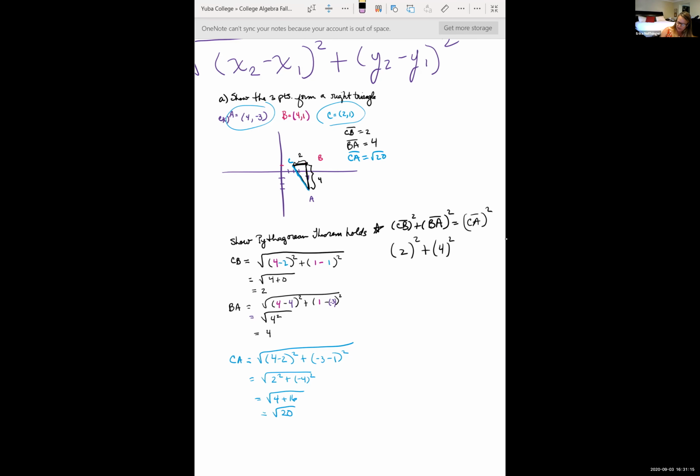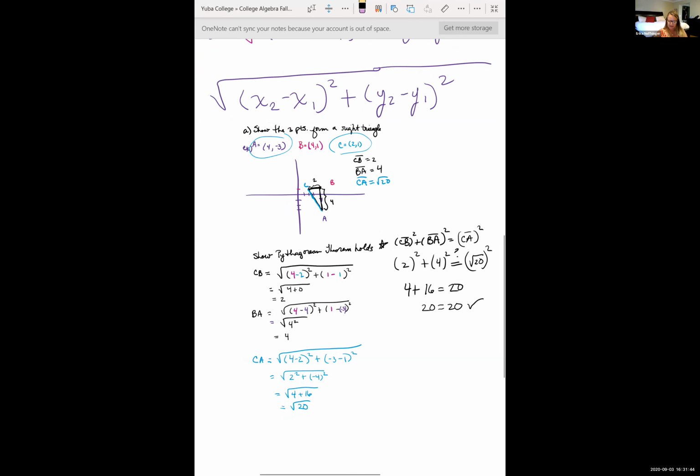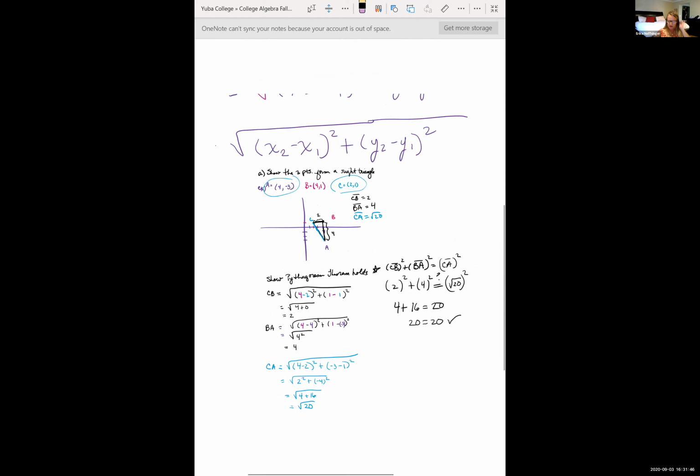Does this really equal the root 20 squared? If it does, then we showed that it is a right triangle. So we have 2 squared is 4, 4 squared is 16, is equal to the square root of 20 squared, which is 20. 4 plus 16 is 20, and 20 equals 20. So we showed that that right there was a right triangle.